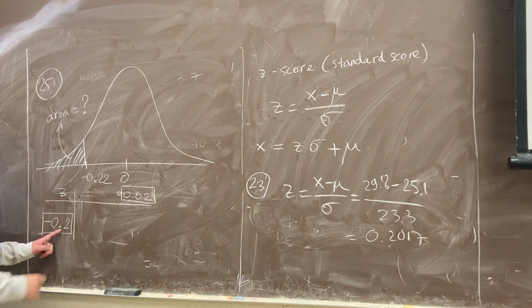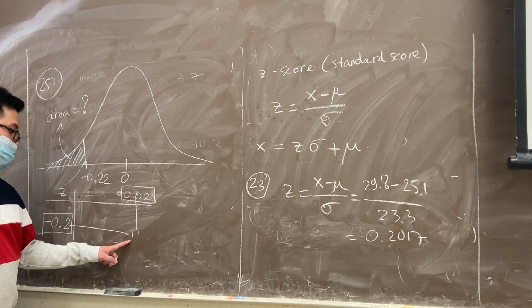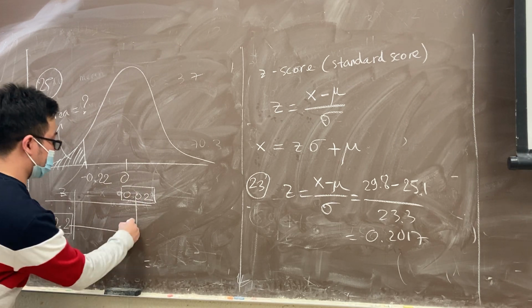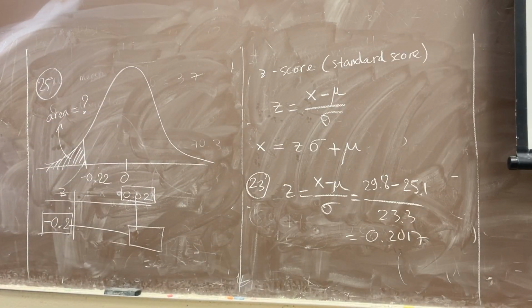After you find it, you make the intersection between them, and the value here is the answer. So looking at the table, the answer should be 0.4129.